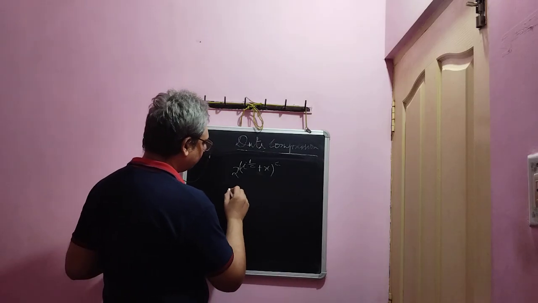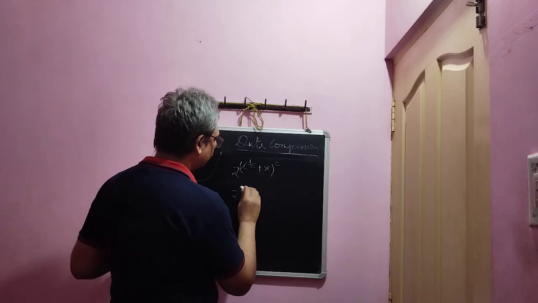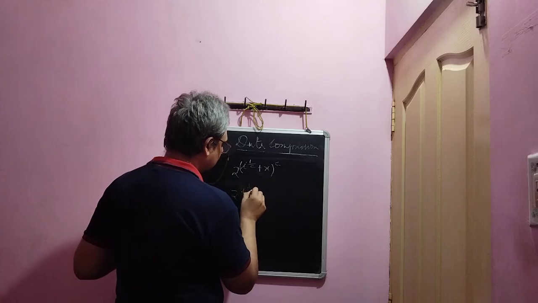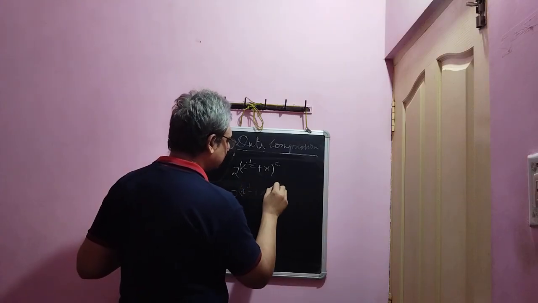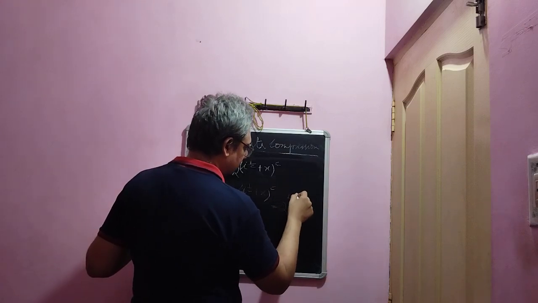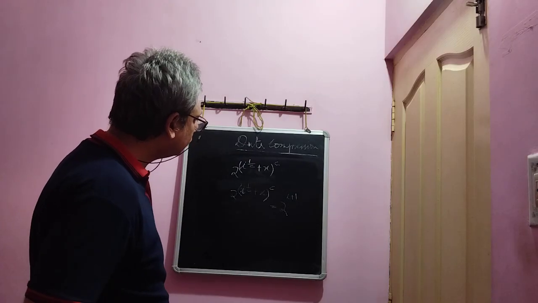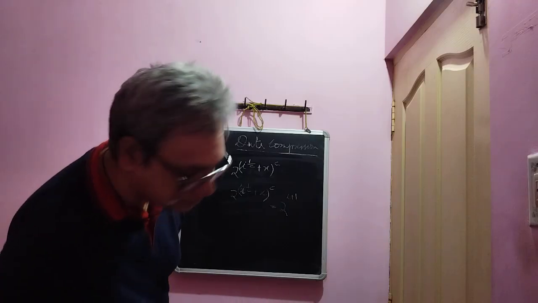Now we require that 2 power (I power 1 by c plus x) whole power c is equal to 2 power I plus 1. We try to find x such that (2 power 1 by c plus x) whole power c is equal to 2 power I plus 1.